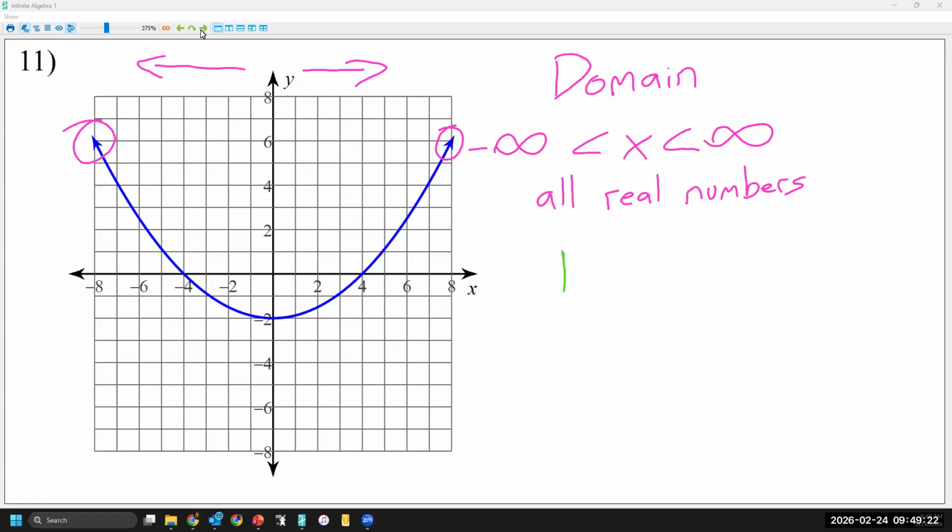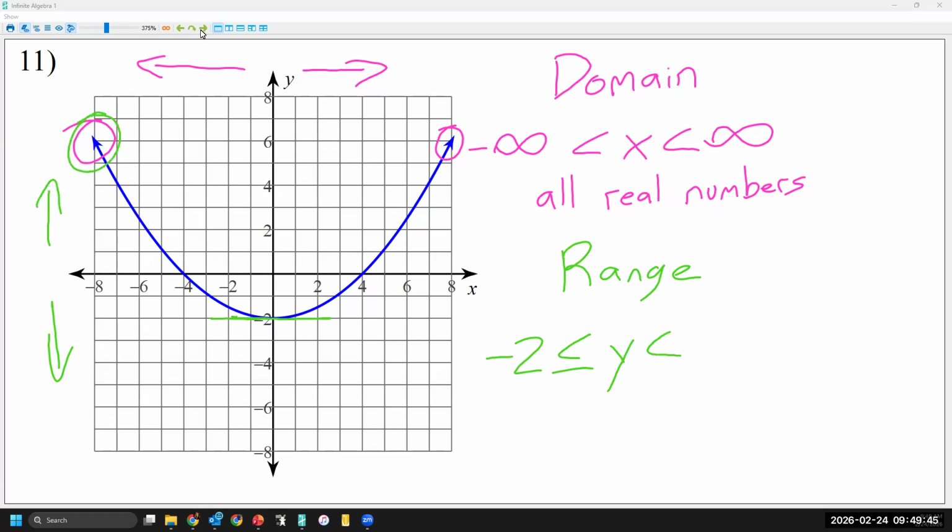Let's look at the range. Range says, how far down does it go? Well, this one does not have an arrow at the bottom. Right there, that's as low as the graph can go, and that's at -2. It's in the middle of the graph, so equal to. Then let's see here, how far up does the graph go?